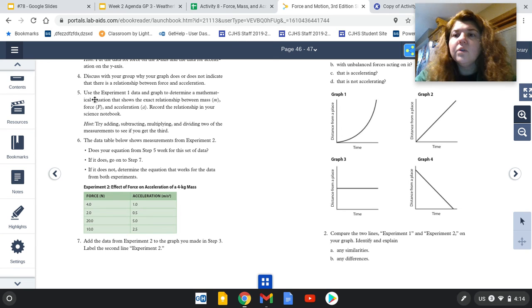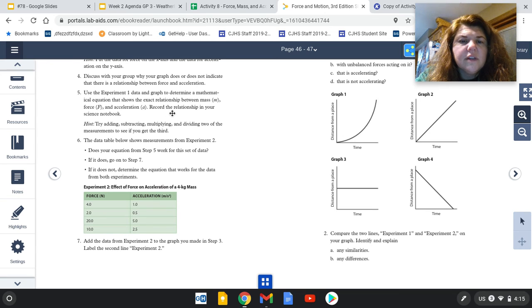So now, if you're working with someone, you can discuss this and see if you can come up with data, as you're looking at the experiment 1 data, to determine if there's a mathematical equation that shows the exact relationship between mass and force and acceleration.